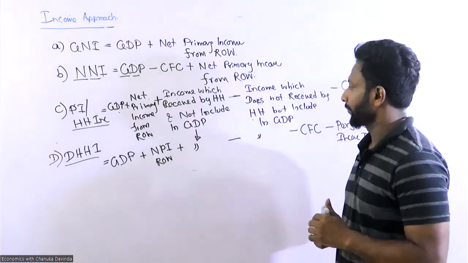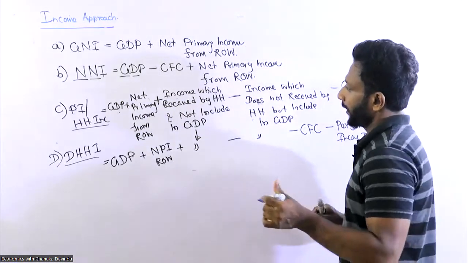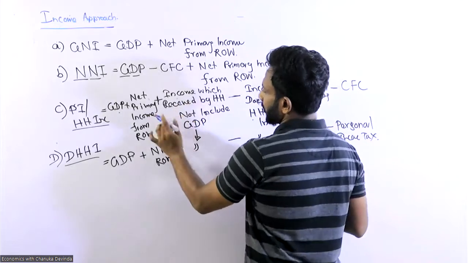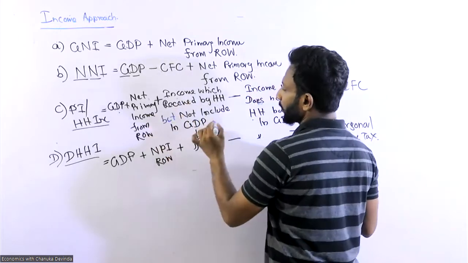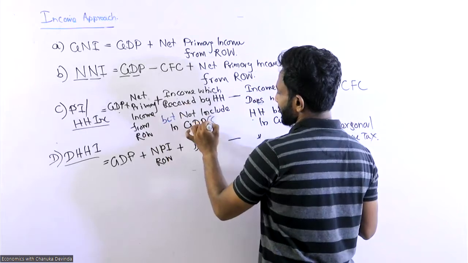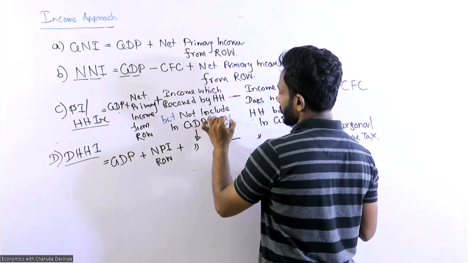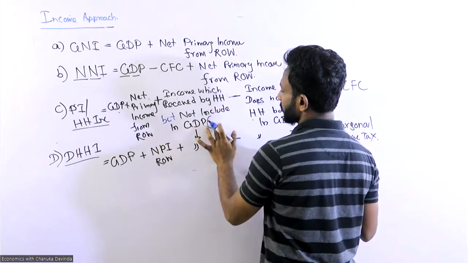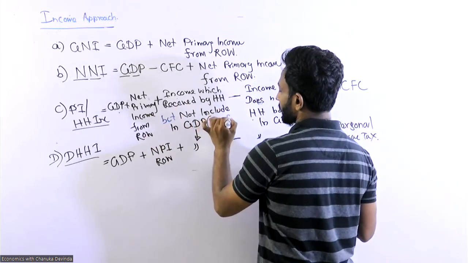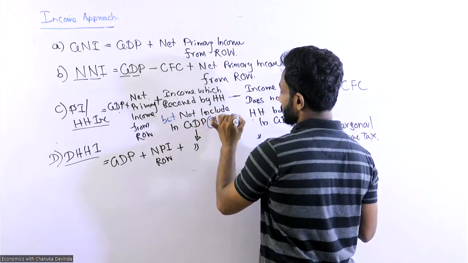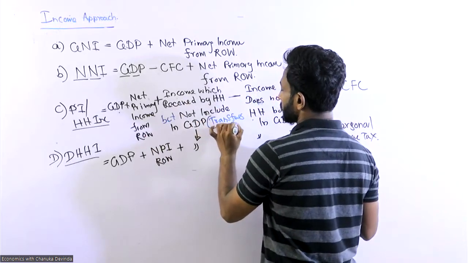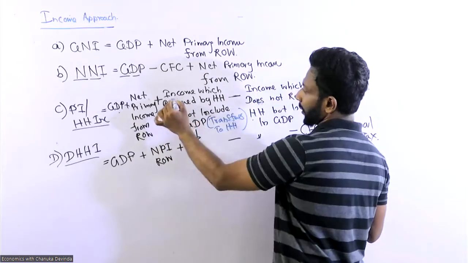So here, income which is received by household but not including GDP. If you want an example, it is secondary income, the transfers for the household. This can be identified as transfers to household. Both are the same, right?